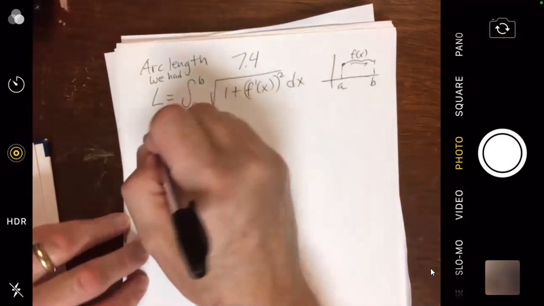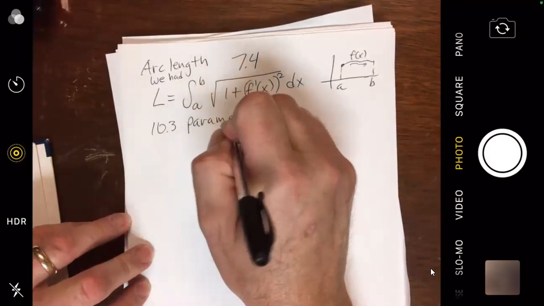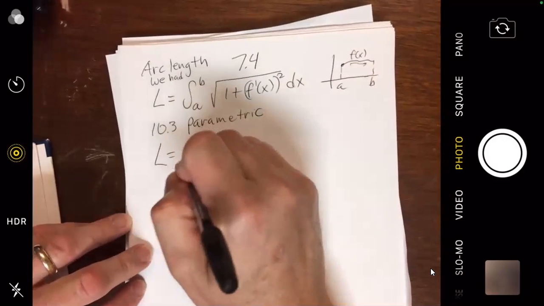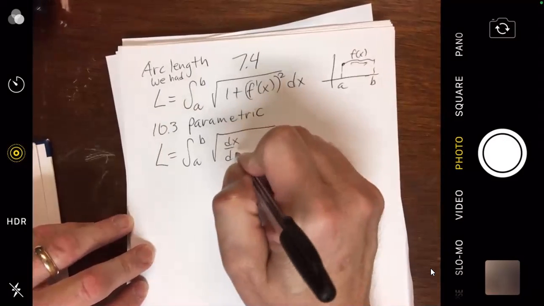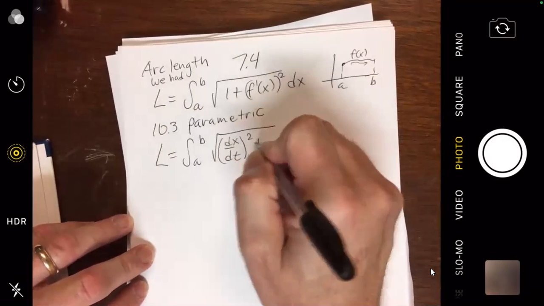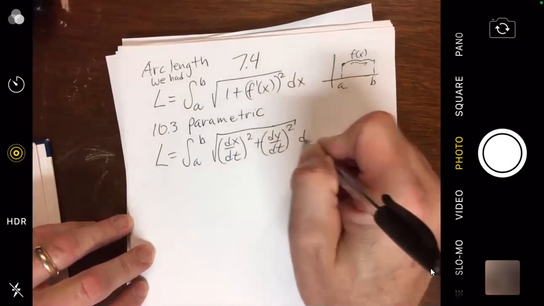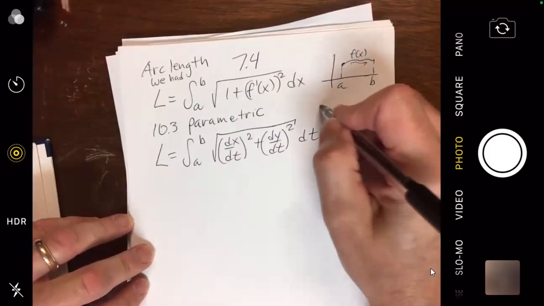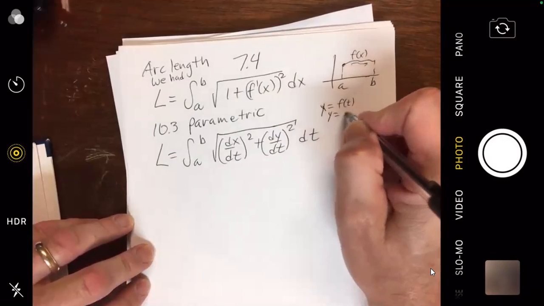In 10.3 parametric, it turns out you're going to get L equals the integral from a to b, big square root of dx/dt squared plus dy/dt squared, dt. Here x is f of t, and they usually use y as g of t.